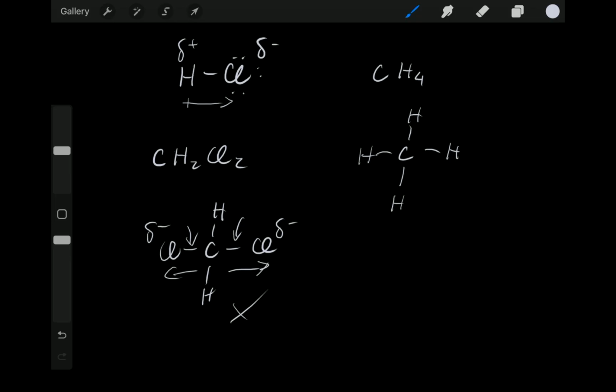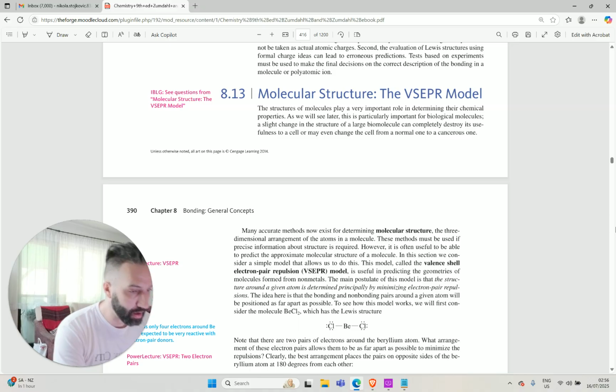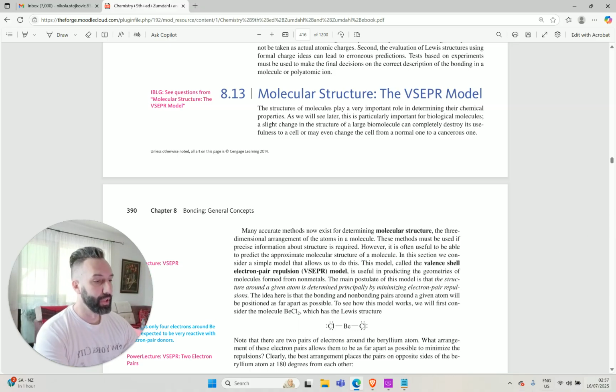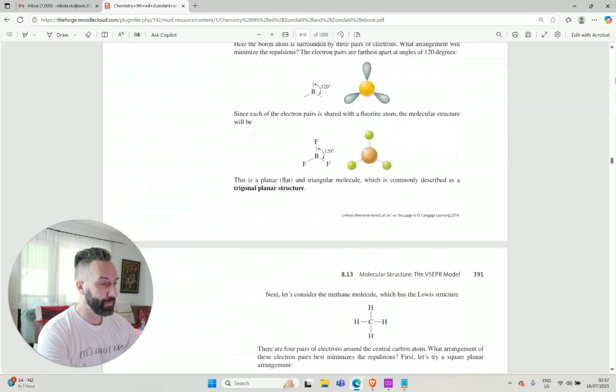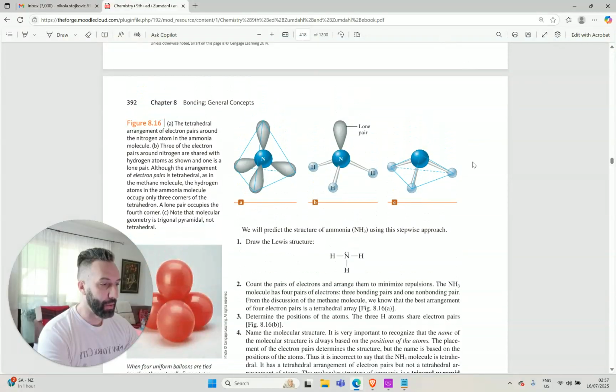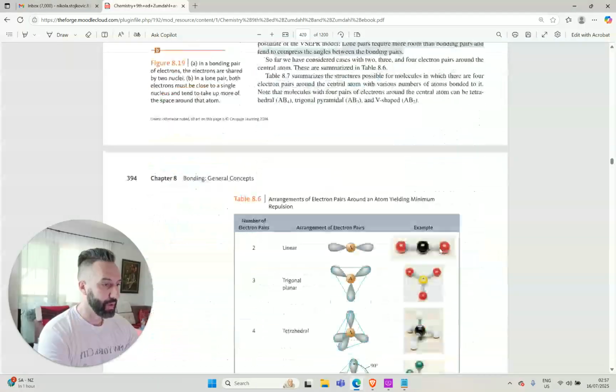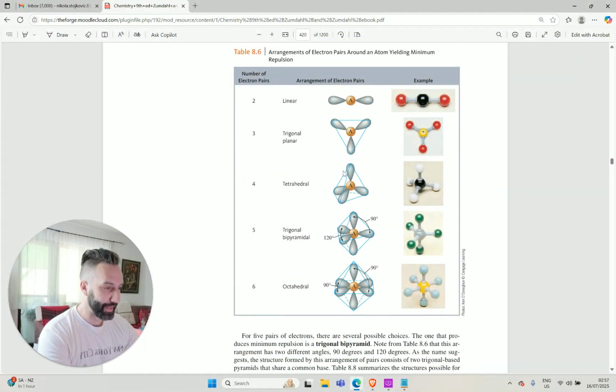However, in 3D, we know that this doesn't really look like that. So the actual CH2Cl2 will have a geometry that looks like, let's find it, like this.